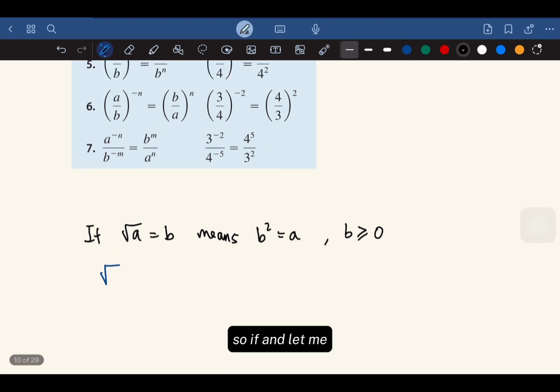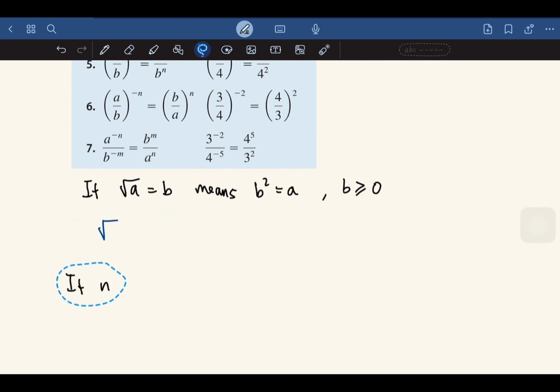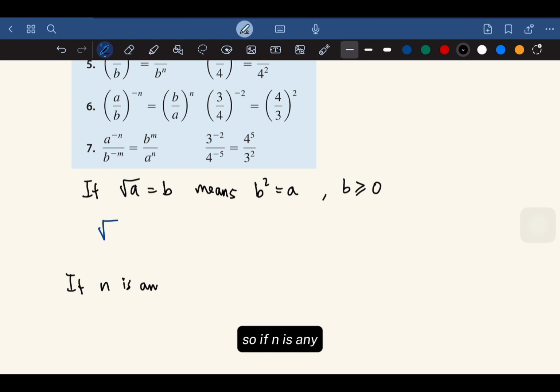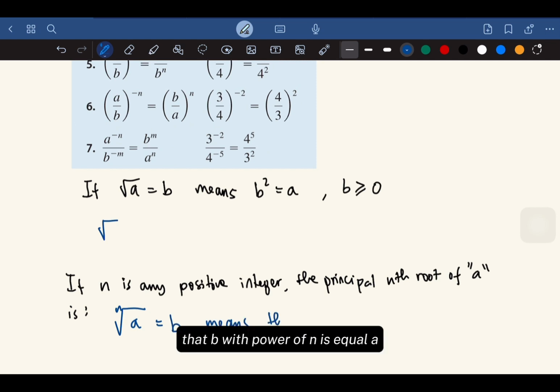So if n is any positive integer, the principal nth root of a means that b with power of n is equal to a.